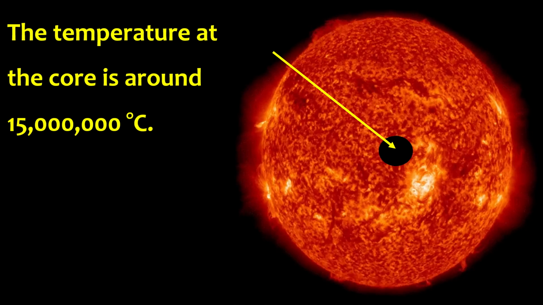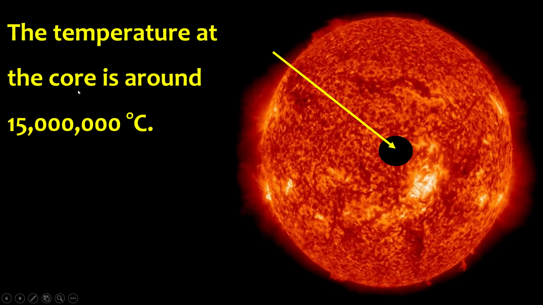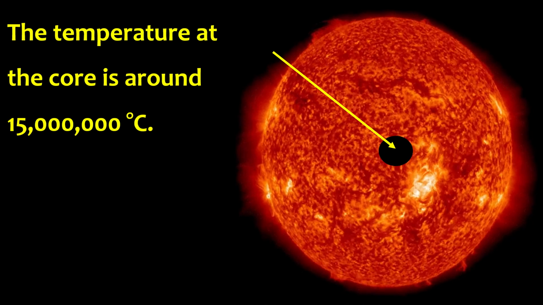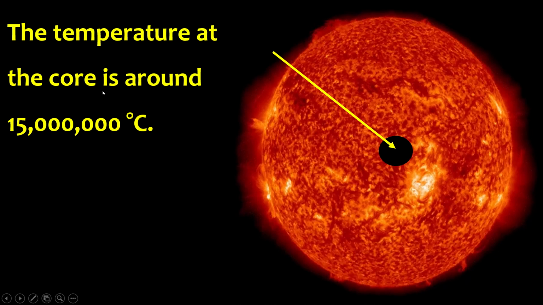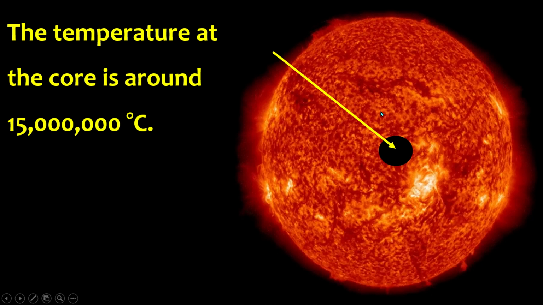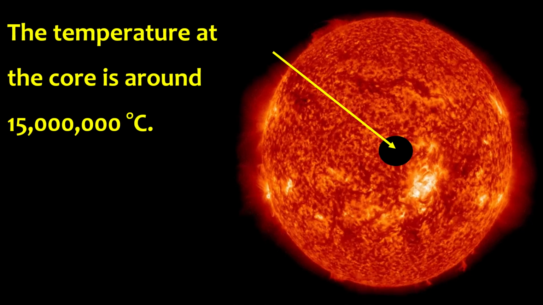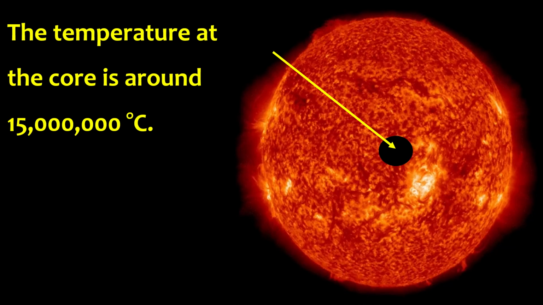So the core, this word, core, means inside, okay? Or the center. Core means inside or the center. So inside this sun is 15 million degrees Celsius in temperature. How very, very hot.